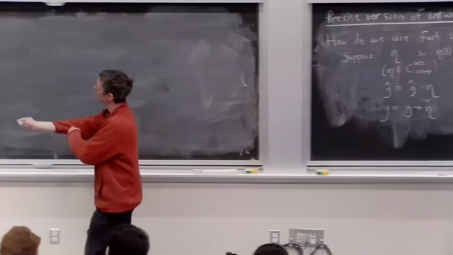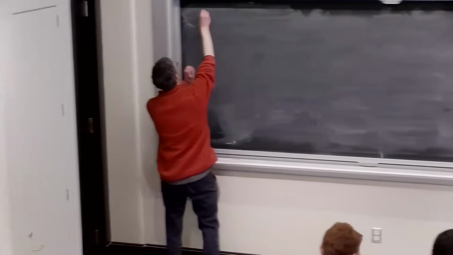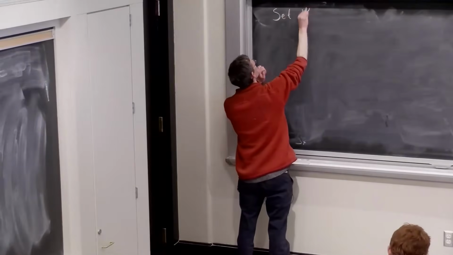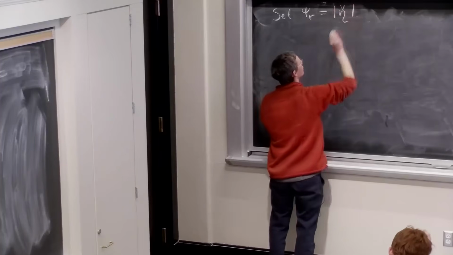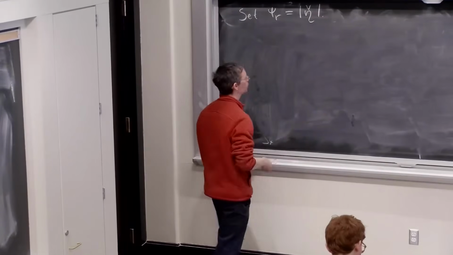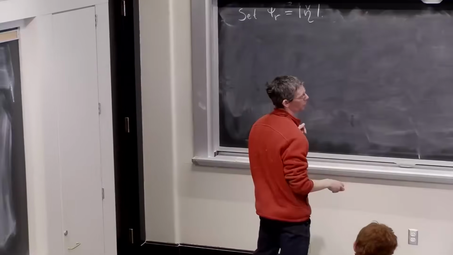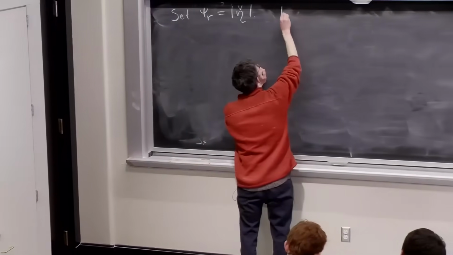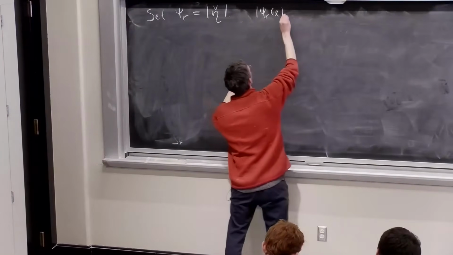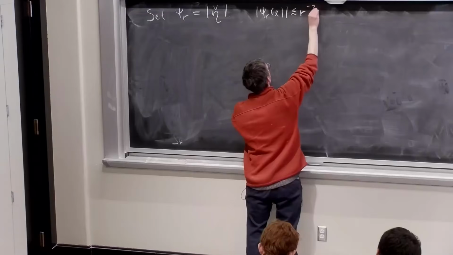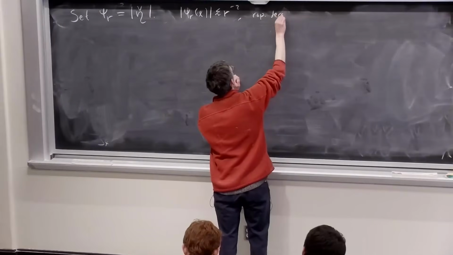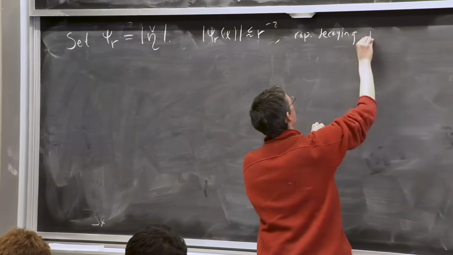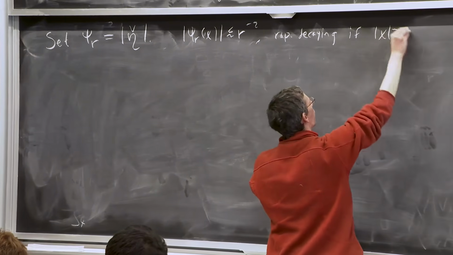All right. So now let me set psi sub r to be the norm of eta check. And so psi sub r has the bounds that we just computed. So psi sub r of x is bounded by r to the minus 2, and it's rapidly decaying if x is much bigger than r.